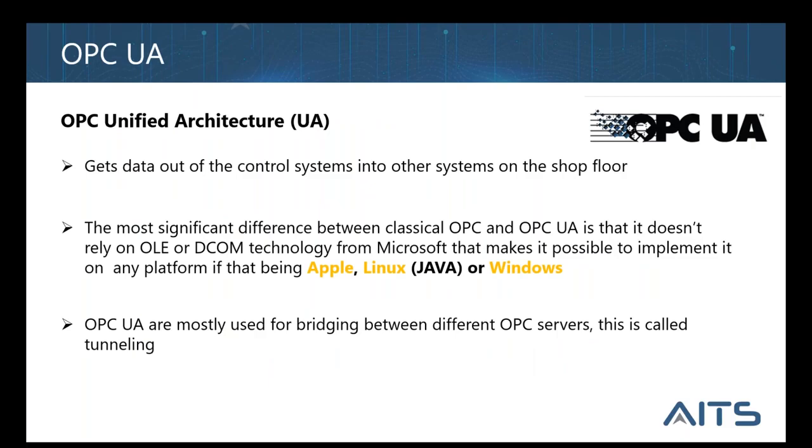Now, we can start with OPC UA. What is OPC UA, or simply OPC Unified Architecture? It was released in 2008. It's a platform-independent, service-oriented architecture that integrates all the functionality of the individual OPC Classics, like the DA specification.